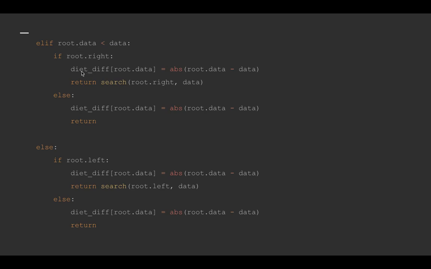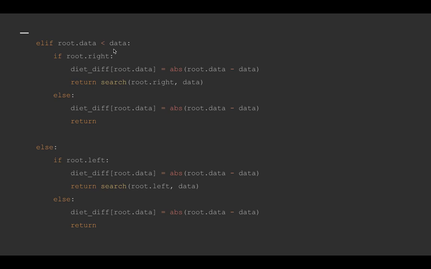And then again I'm doing the same thing. I'm storing the key value pairs of these, and I'm recursively calling the search function again, because what we can see here is that the root.data was smaller than the data.